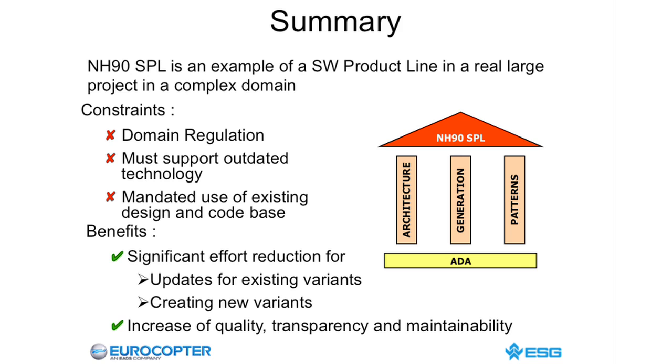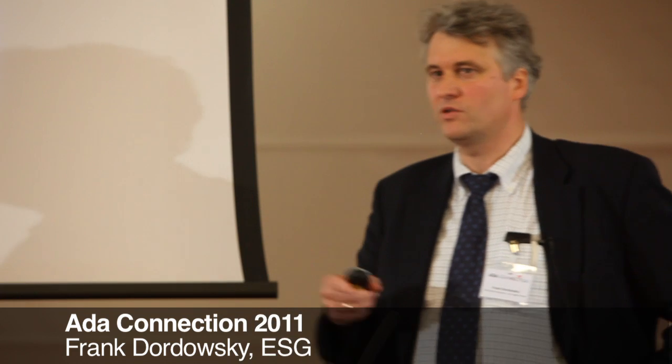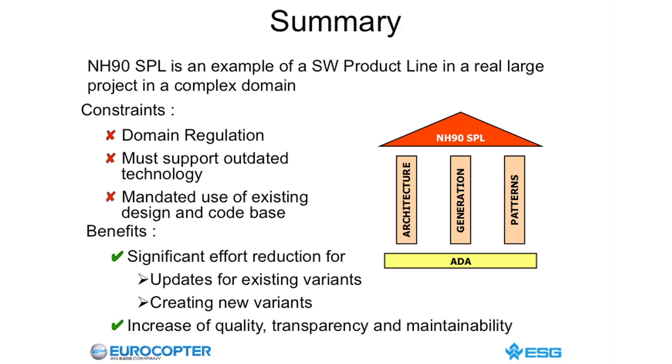To sum up, what we tried here is an example of a product line in a complex environment, a complex project, which is also constrained by certain regulations, which we heard about this morning. And these are our three pillars I mentioned. So it's architecture, generation, and patterns, where we talk mostly about architecture.